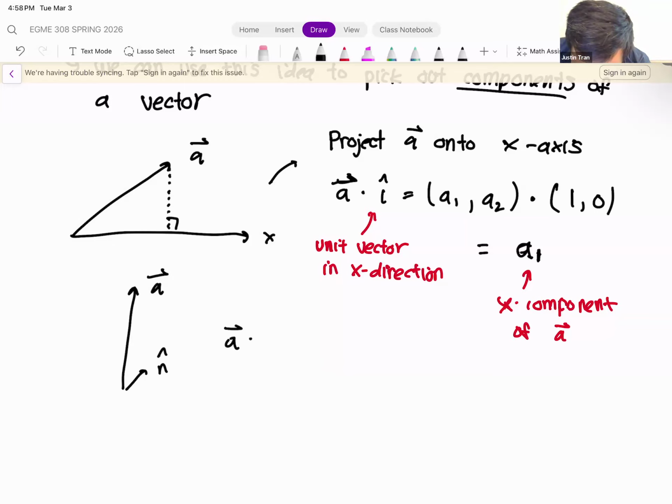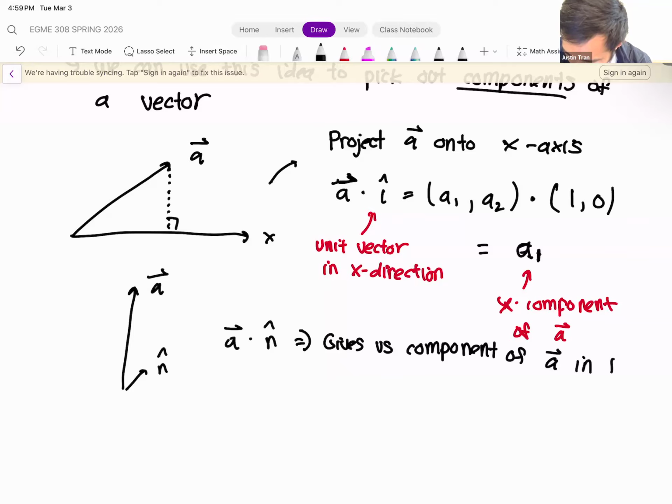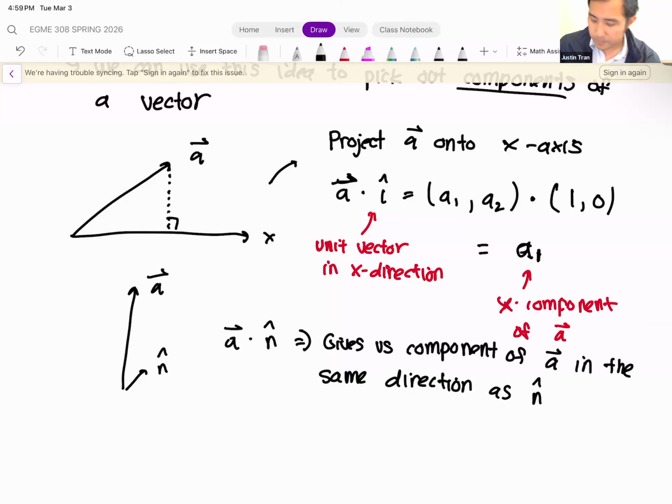We can take our A vector and dot product with our n hat, and this will tell us the component of A that's parallel, or in the same direction, as our normal vector n.